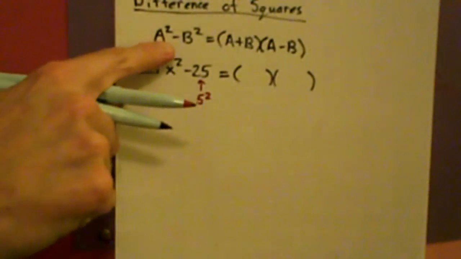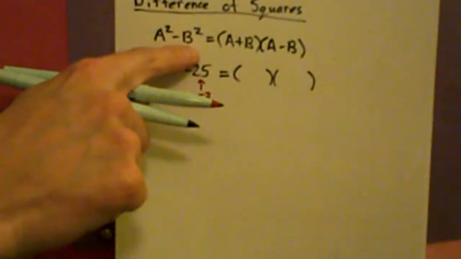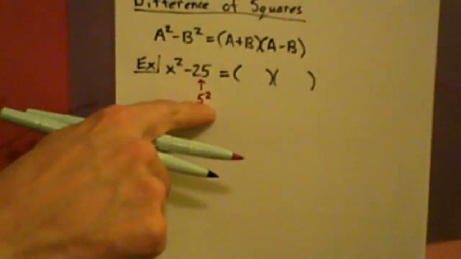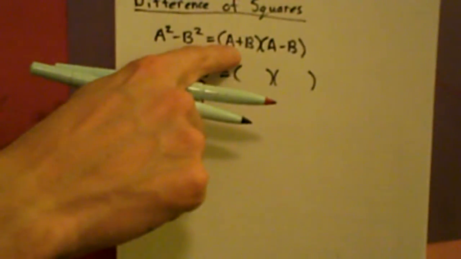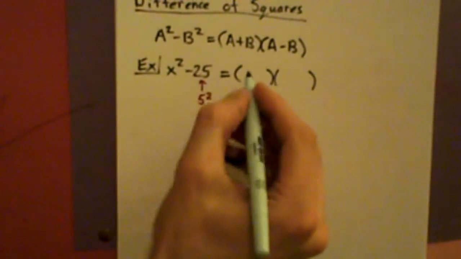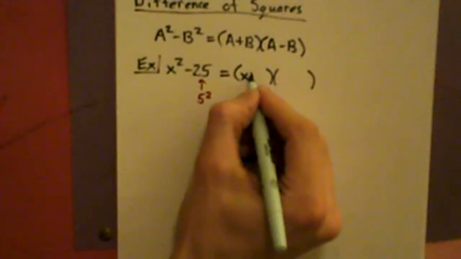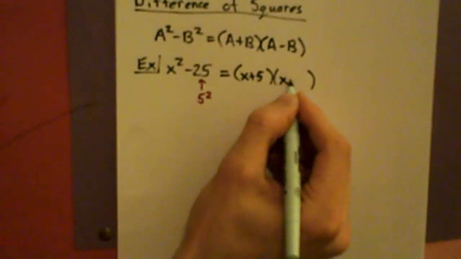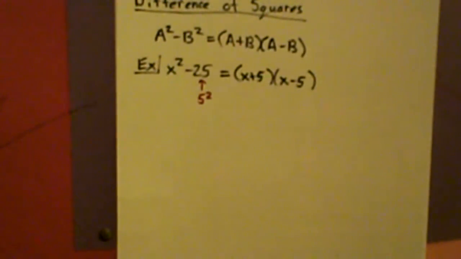So we do have a difference of squares: something squared minus something squared, x squared minus 5 squared. So that becomes x plus 5 times x minus 5. There's your answer. That's as easy as that.